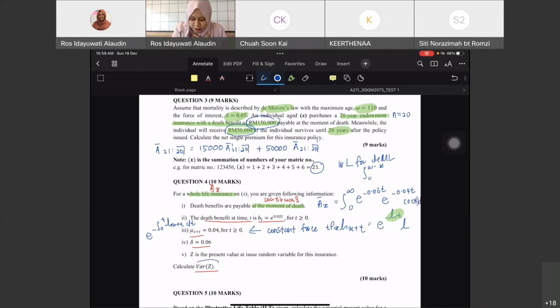Now you need the variance. You know that the variance is equal to the second moment minus the first moment squared. For the second moment, we need to use e^(-2 delta t) instead of delta t, and the rest is the same.